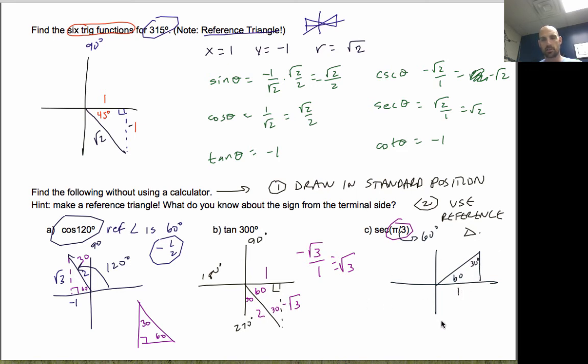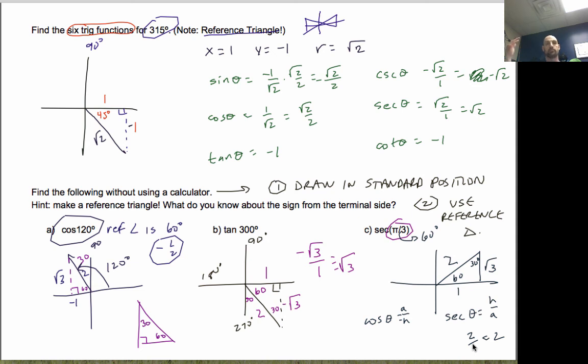And if this is 30, then this is 1, this is √3, and this is 2. Secant is, so if secant goes with cosine, and cosine theta is adjacent over hypotenuse, then this is hypotenuse over adjacent, so that means it would be 2 over 1, which is 2.